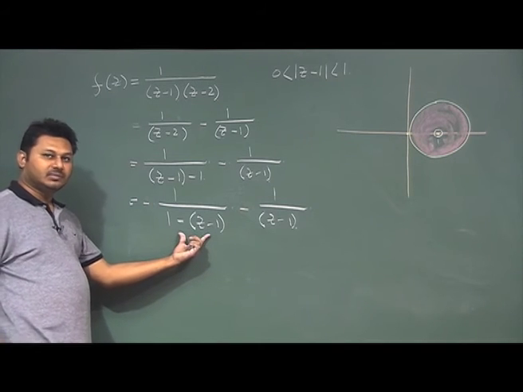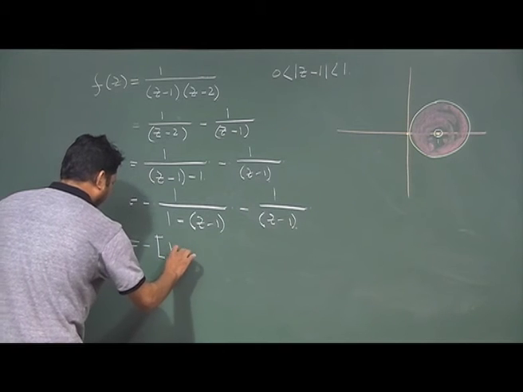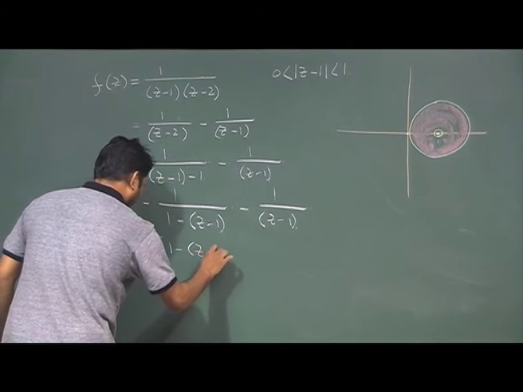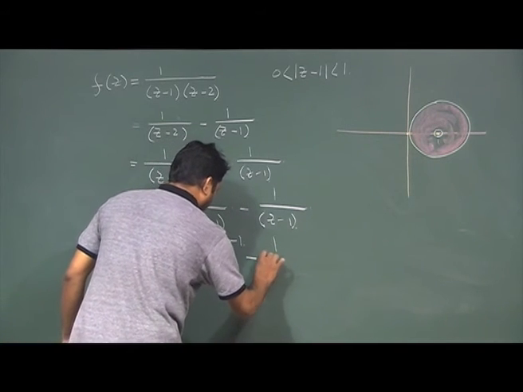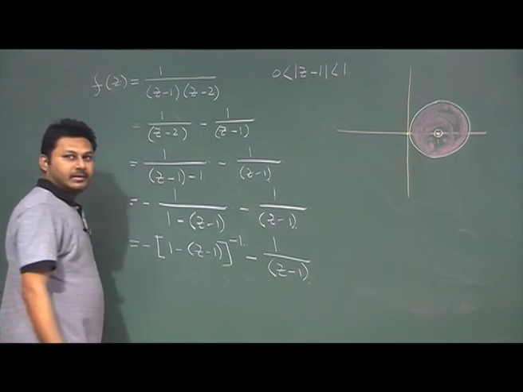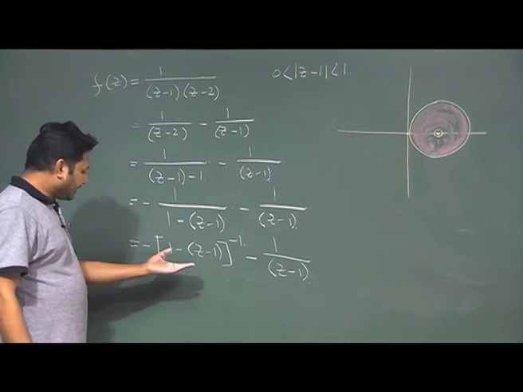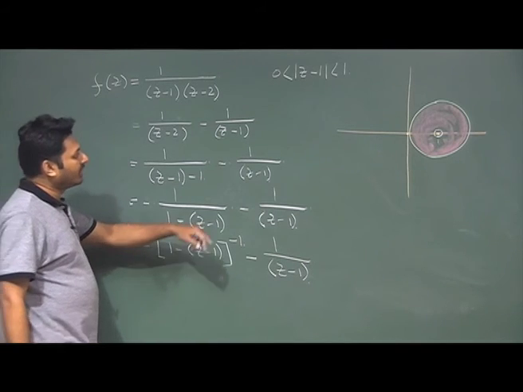I can expand this function in my hand, which is minus 1 by z minus 1, times 1 minus z minus 1. Now once I have this, I am allowed to expand it, because z minus 1 is less than 1.